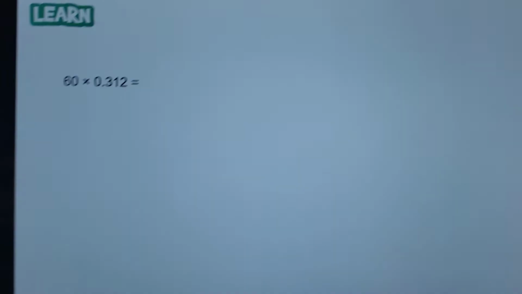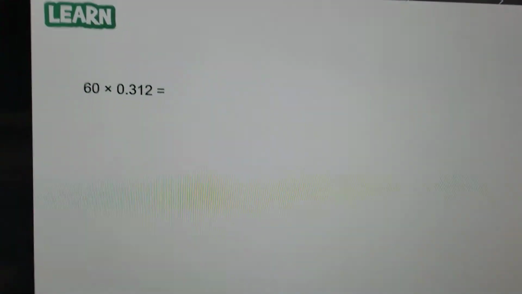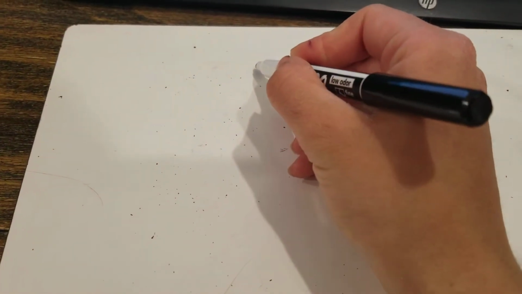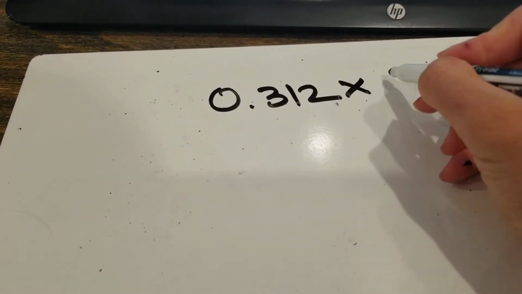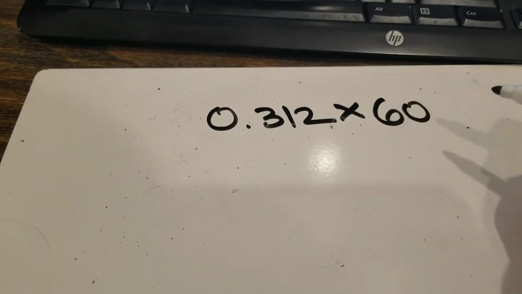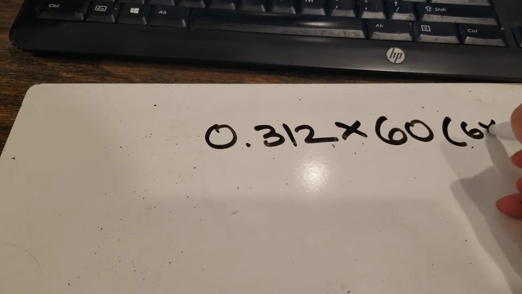Okay. Here's another problem. It's a little bit harder, but you really just follow the same pattern. Okay, so let's write it down. So if I have 0.312 thousandths times 60. So this is made up of a 6 and a 10, right?